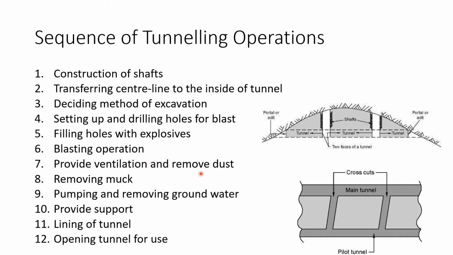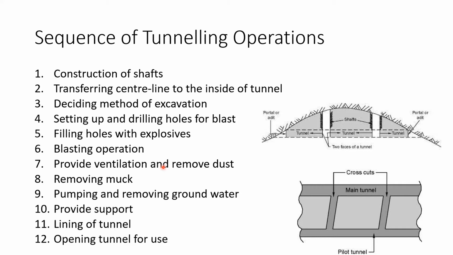That needs to be removed, and we also have to provide proper ventilation for the workers who are working inside this tunnel, with an adequate mechanism to remove the dust from the tunnel. Then the blasted material will get collected at the base of the tunnel, and that material is known as the muck. So there should be a mechanism to remove the muck.